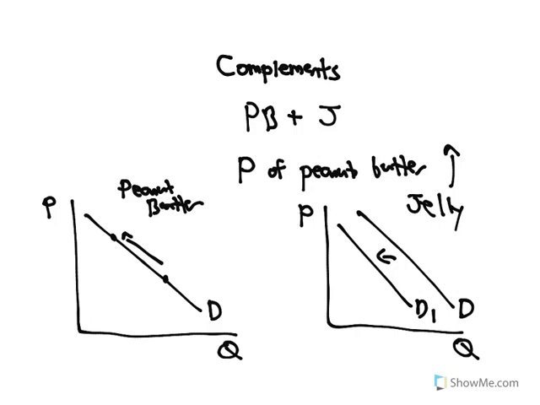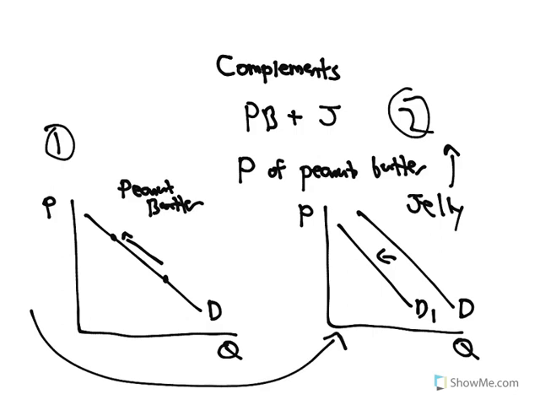But in response to that, this is step one, this is step two, the demand for jelly at all prices is shifting to the left. There's less demand at all prices than before. So that's the idea of complements.